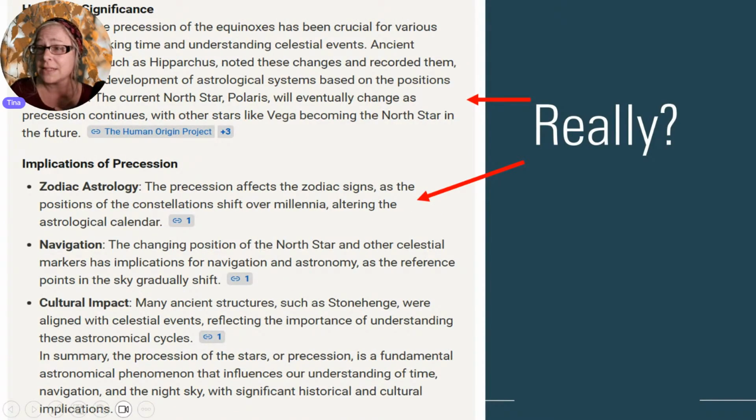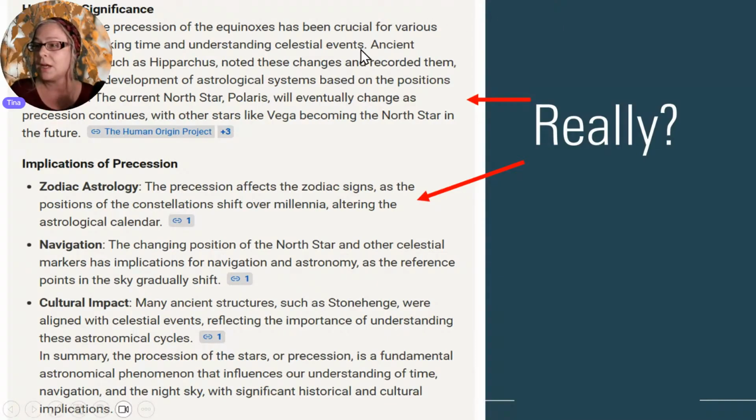Historical significance. Historically, the precession of the equinoxes has been crucial for various cultures in tracking time and understanding celestial events. That is correct. Well, not the precession, but using the equinoxes to tell us when the year starts, definitely, right? Our ancestors did, in fact, use that.